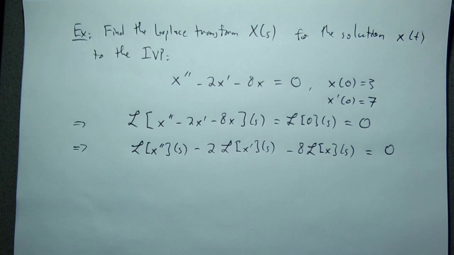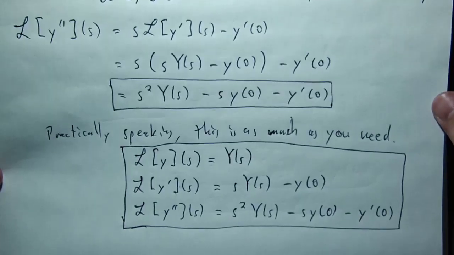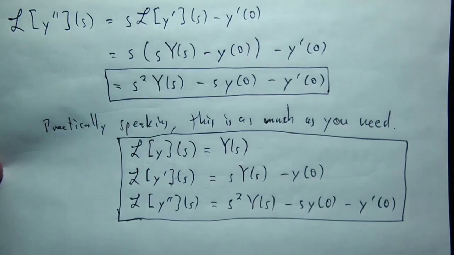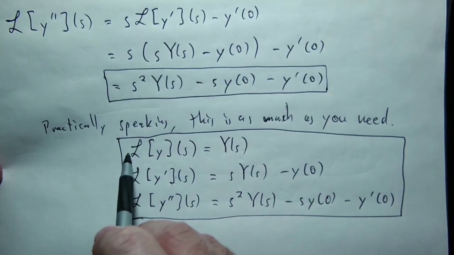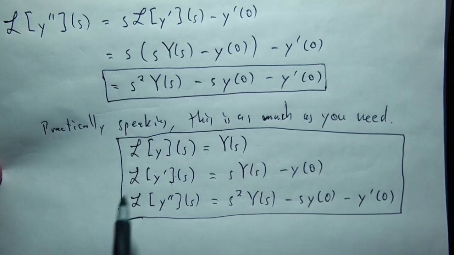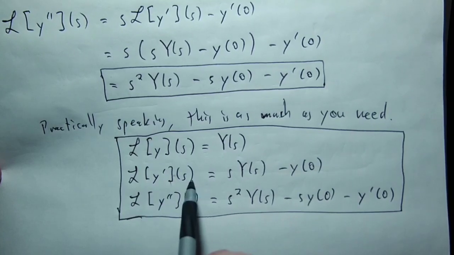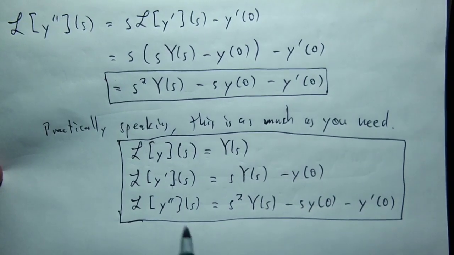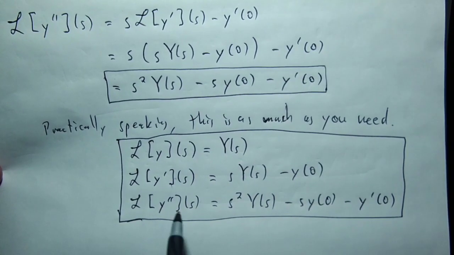Okay. Well, let's use these three facts from this sheet. My notation is the Laplace transform of the unknown function little y is big Y of s. The Laplace transform of little y prime is this thing. And the Laplace transform of y double prime is this thing.